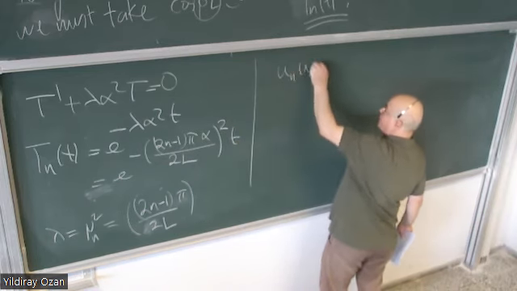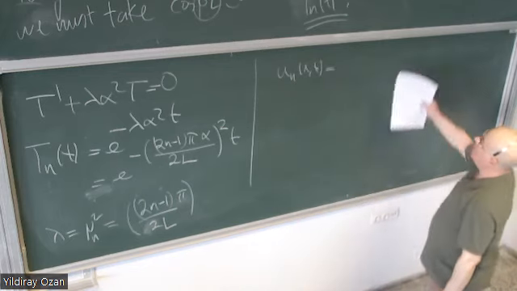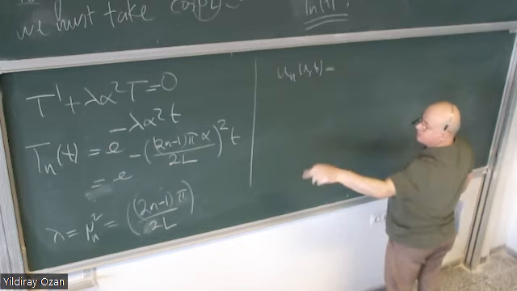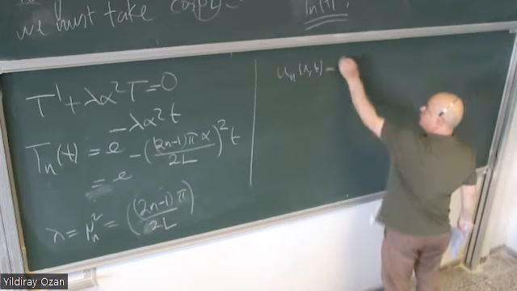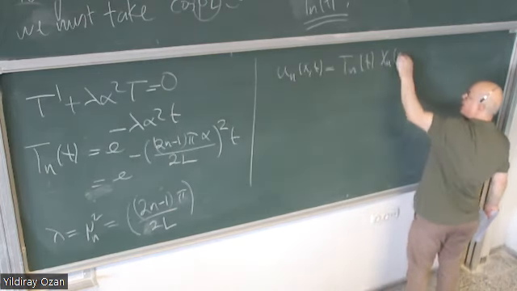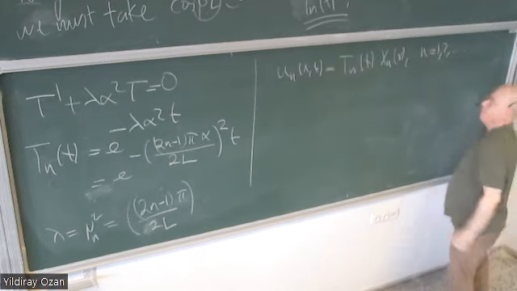Then u n of x t is just X n times T n, with n from 1 to infinity.